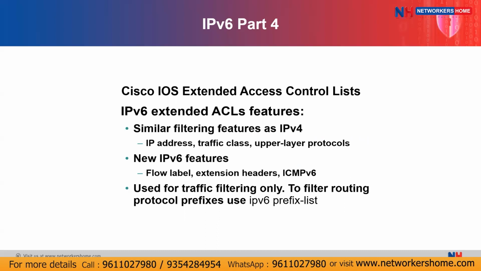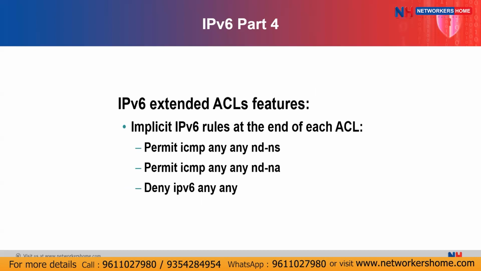Here we can apply all these extensions used for traffic filtering only. To filter routing protocol prefixes, use IPv6 prefix lists. And extra other features: implicit rules under each ACL, permit ICMP any, neighbor discovery for the neighbor solicitation, neighbor advertisement, deny IPv6 any.